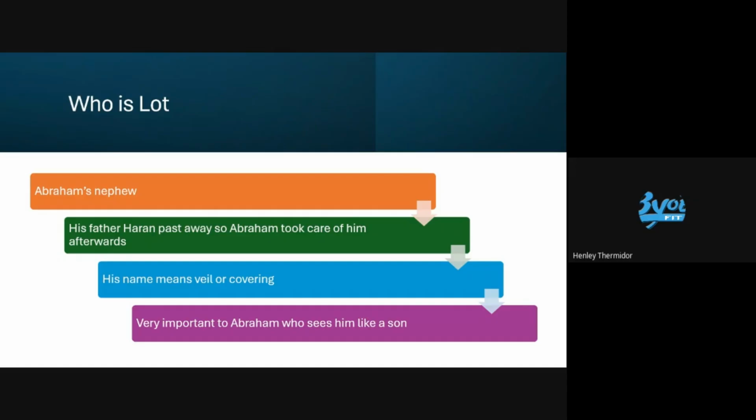And he pretty much told himself, with the fact that Sarah can't have kids, this will be my heir. He's related to me, he's family, he will be my heir. His name means veil or covering. So when you see the story and you see what Abraham does for Lot, it's only because he looks at him like a son.